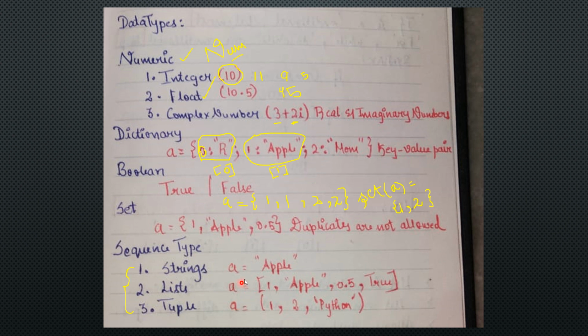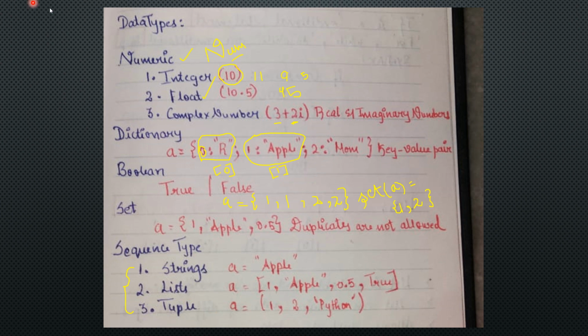A list is something like this: you enclose elements of different data types inside square brackets. And a tuple is when you enclose values of different data types inside normal brackets. About strings, lists, tuples and the functions of all these, how we can index and call the elements of a string or a list by indexing, all those concepts we will look into later.